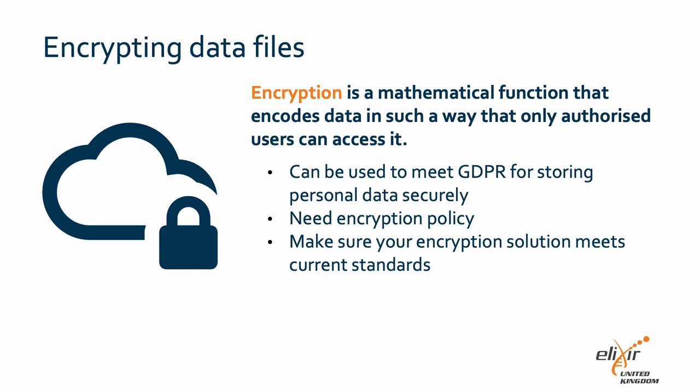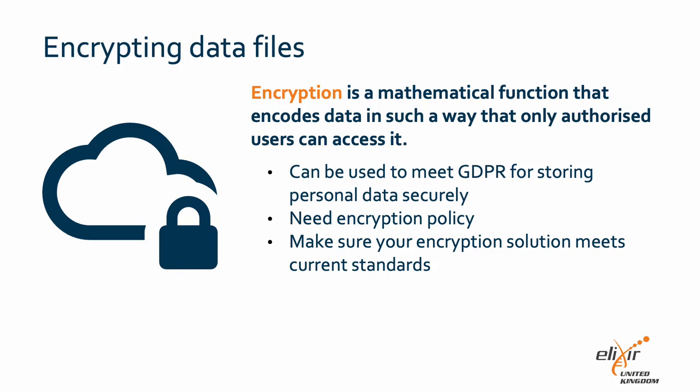If you are going to use encryption, it is a good idea to have an encryption policy in place that governs how and when you implement encryption. For example, data are encrypted at the point they are uploaded to the disk. You should also train your staff in the use and importance of encryption so that the encryption policy can be followed properly.